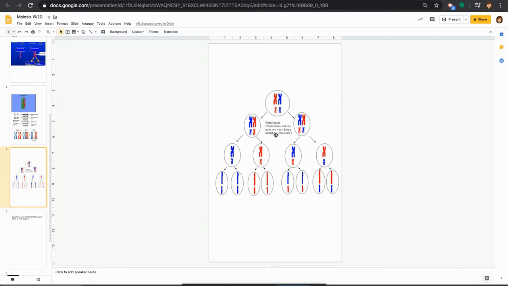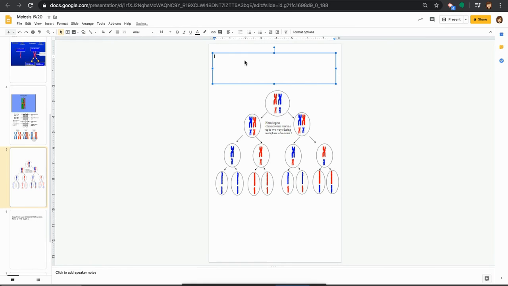So this right here is called, I'm going to add it in here, the law of independent assortment. And I'm not going to define that because it's defined down there. That term makes something so easy sound so hard. They line up independently of each other. Like they don't tell each other, oh, you have to be on the left and you have to be on the right.